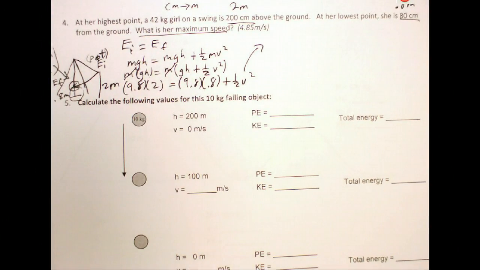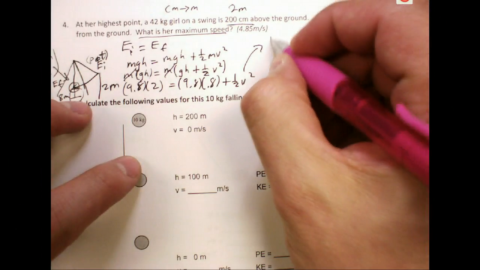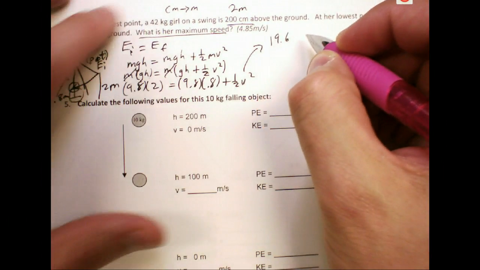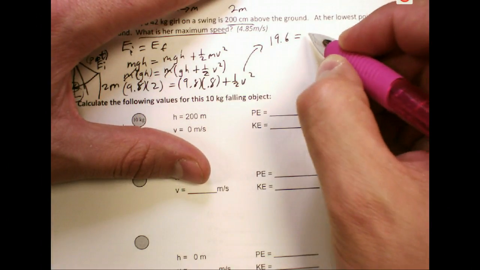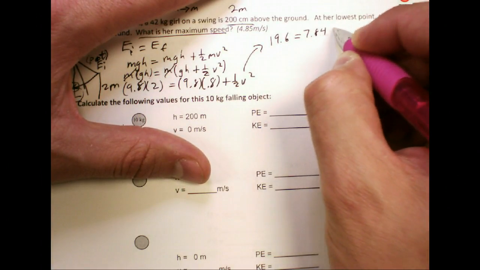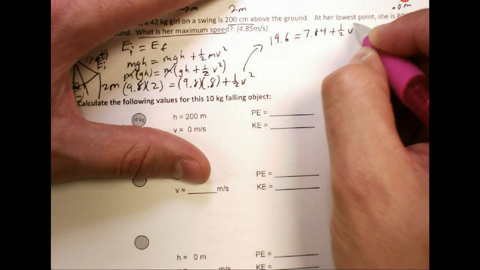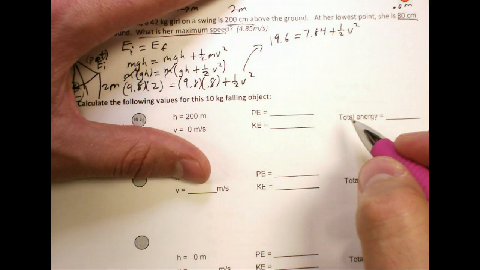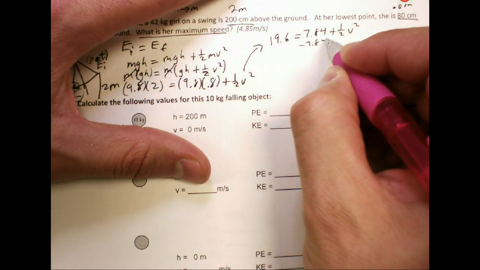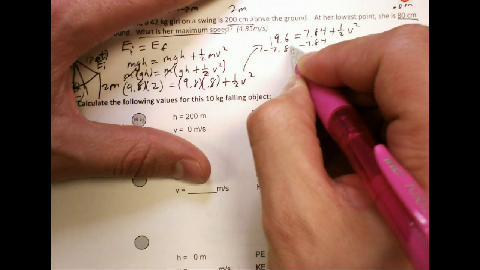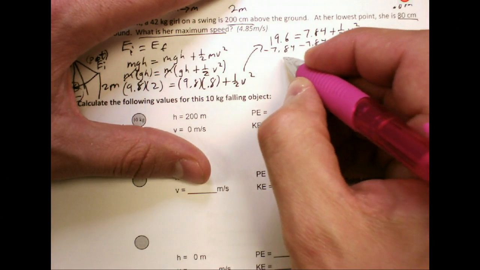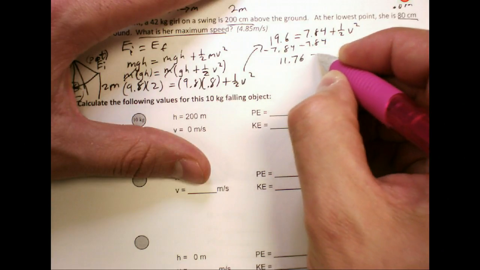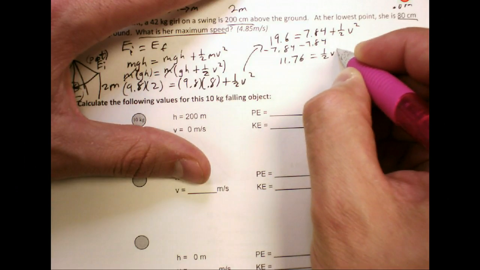9.8 times 2, if you do that, you'll get 19.6. And that equals 7.84 plus 1/2 V squared. Subtract 7.84 from both sides, and you'll end up with 11.76 equals 1/2 V squared.